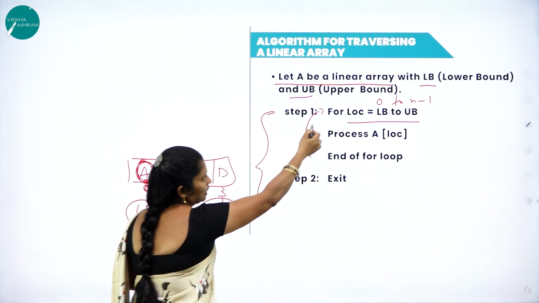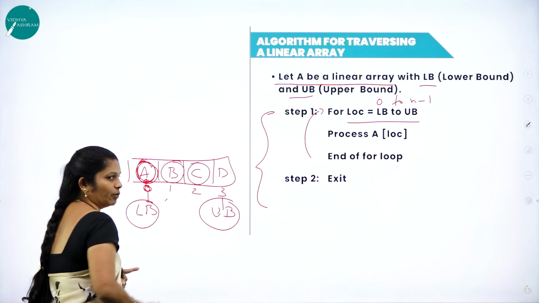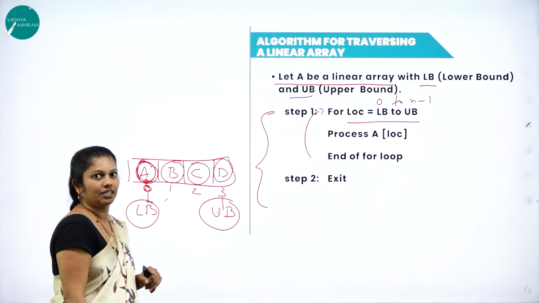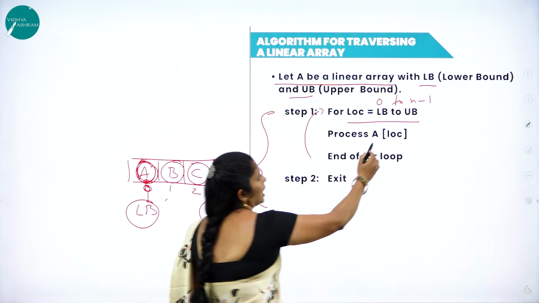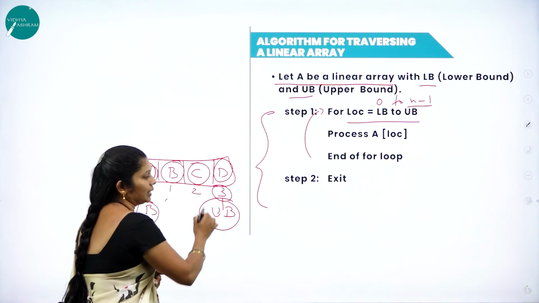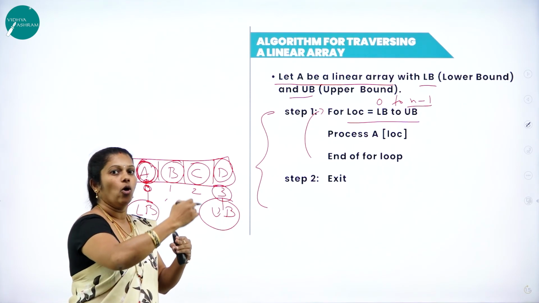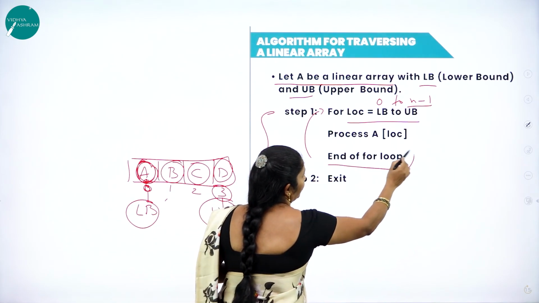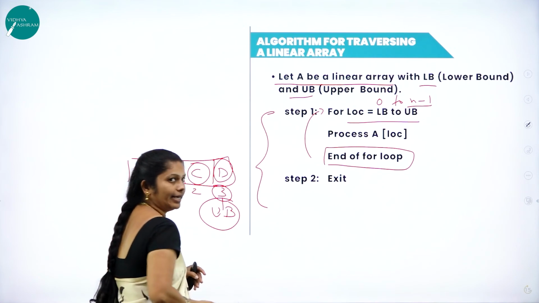Then once again it will go back to the loop. Then the third element it will process. Then once again it will go back to the loop, and then the fourth element it will process, till the last element, till the upper bound, till the position is n minus 1. Till then all the elements are processed one by one. Then later on, end of for loop, finally exit.